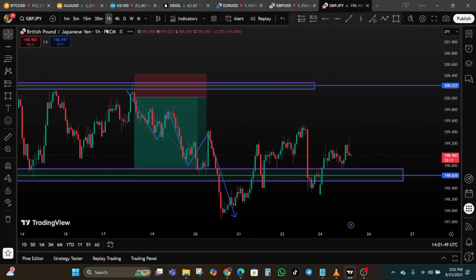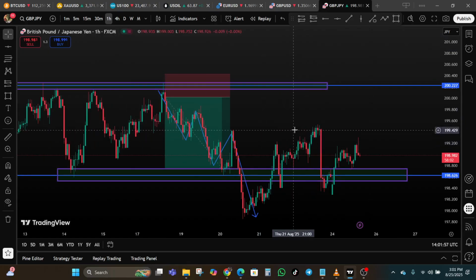Lower time frames often push traders into impulsive decisions because of constant movement. But the H1 slows things down, allowing you to analyze, plan, and execute without the fear of missing out. So this helps build consistency, and consistency is what every trader is looking for.